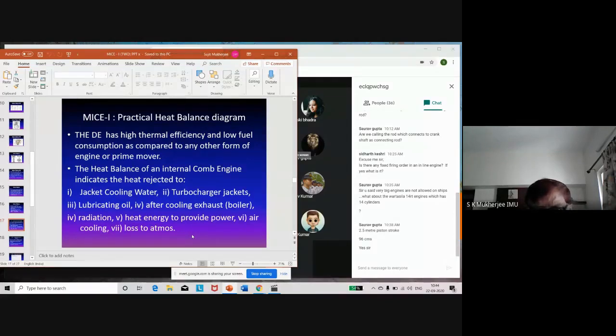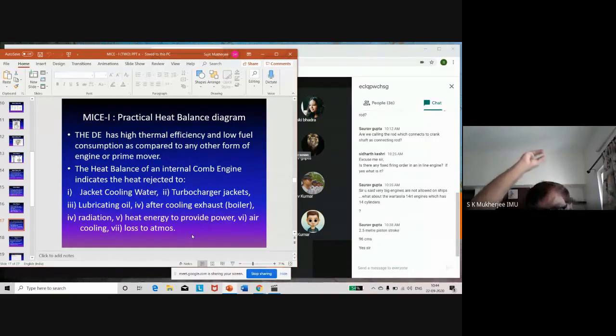Now, the heat balance diagram is indicative to show you where the energy from the fuel is going. Part of the energy is used as work contributed by the engine, and a good part of the heat energy is used for other purposes. One thing is the turbocharger is using some of the heat energy from the exhaust gases.